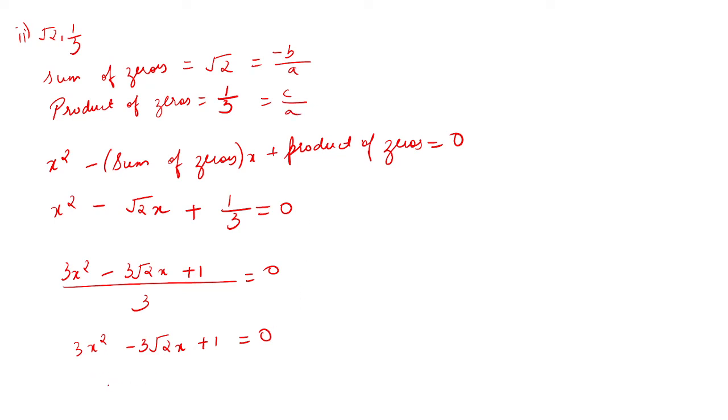This is actually the answer, and this is the verification part, just to check if your answer is correct or not. Over here your a is 3, your b is minus 3 root 2, and your c is equal to 1, and you just check if your answer is correct. Alright, we shall go to the next question.